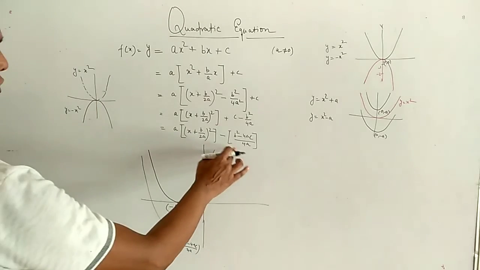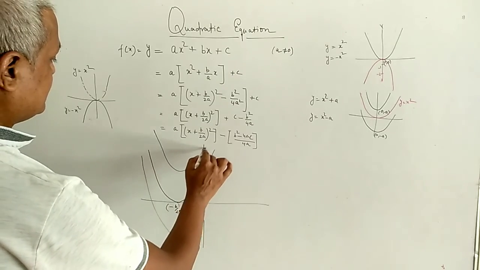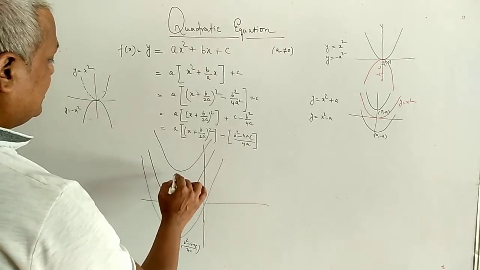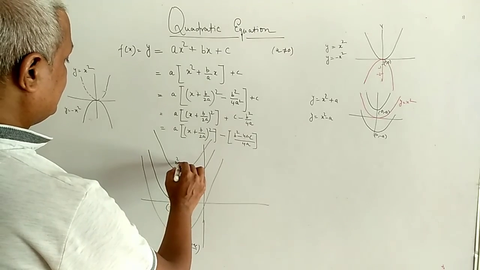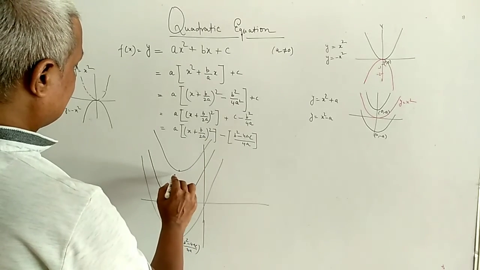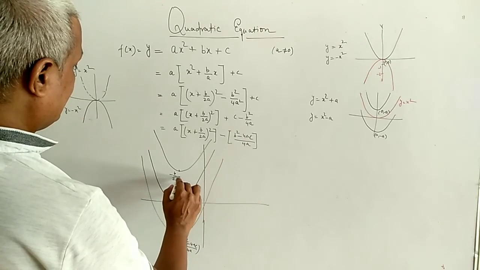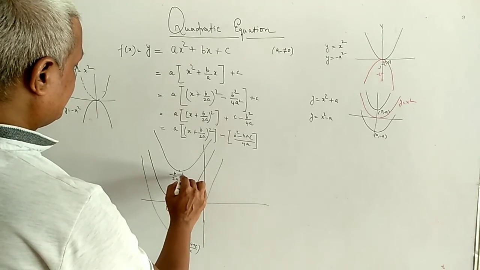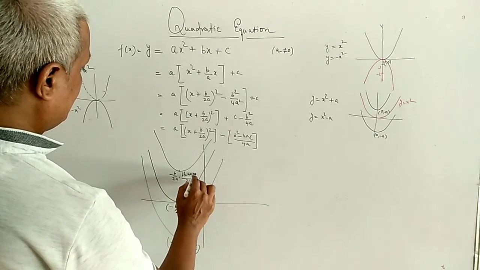Okay, but if this whole thing is negative, then the graph will move something like this, meaning the up value. And in this condition, this point can be written as minus b upon 2a, and this one will become b square minus 4ac upon 4a.